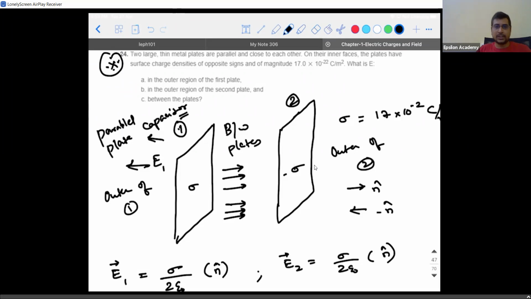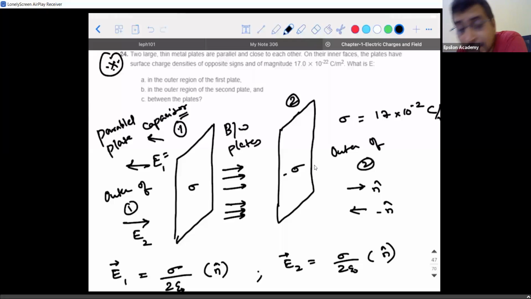Now remove the positive plate. The negative plate is there. So due to the negative plate, what will be the direction of the electric field on the left of sheet 1? It will be towards it. So can I say the electric field due to the second surface is towards it? Does this make sense? Right?